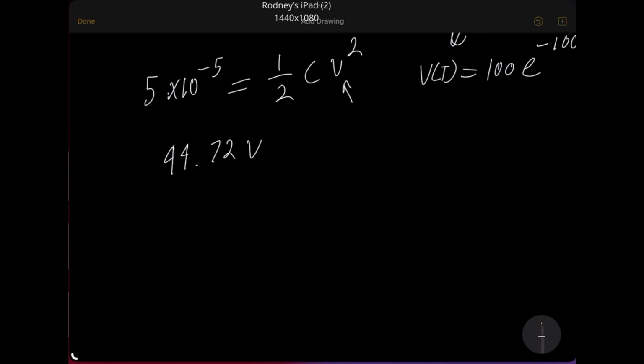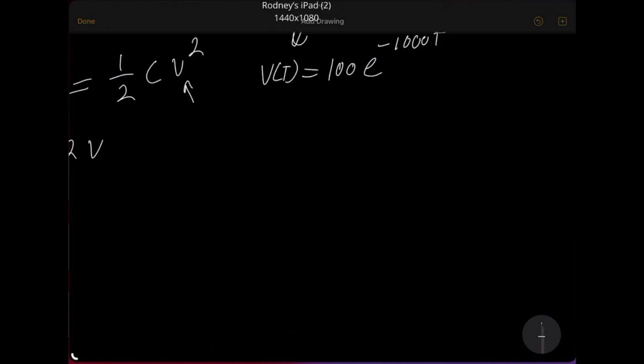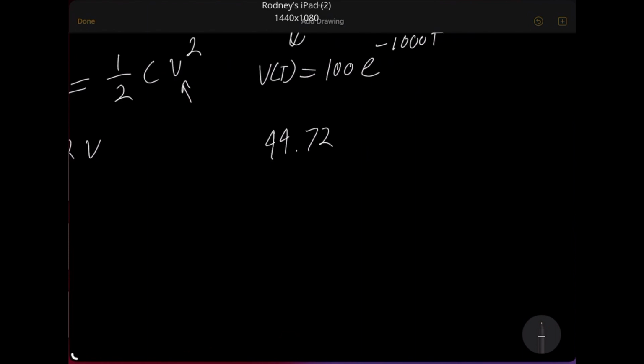We're going to set the equation on the right equal to that. See what we get. So we're going to do 44.72 is equal to 100 e to the negative 1000 t. 44.72 divided by 100. Take the natural log of both sides. Then divide by negative 1000.